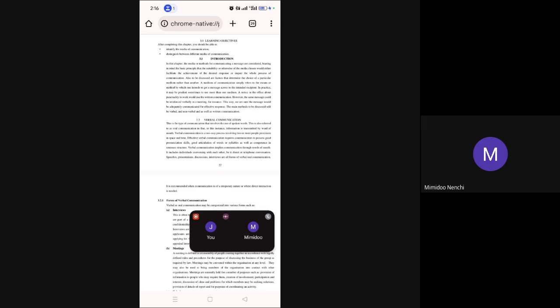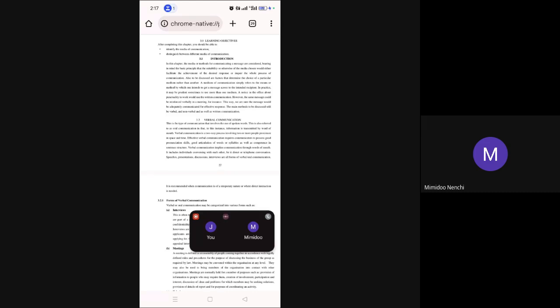This is also referred to as oral communication, in that information is being transmitted by the words of mouth. Like what I'm doing right now is a verbal communication because I'm using the words of mouth. It is an oral communication.